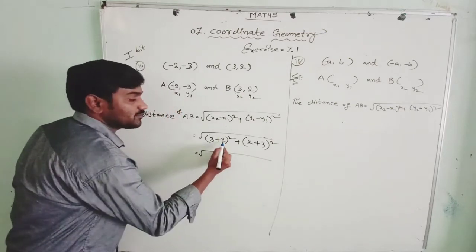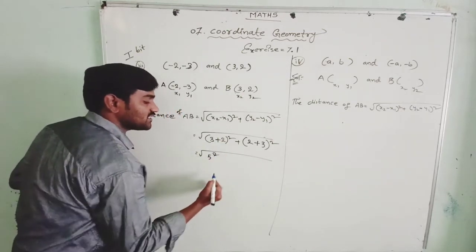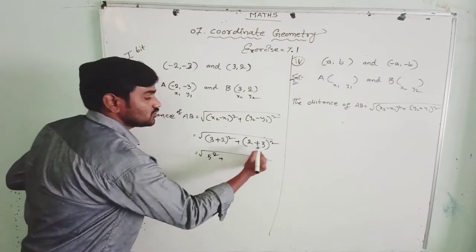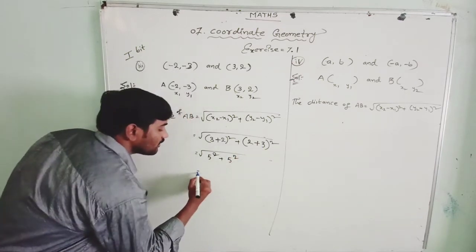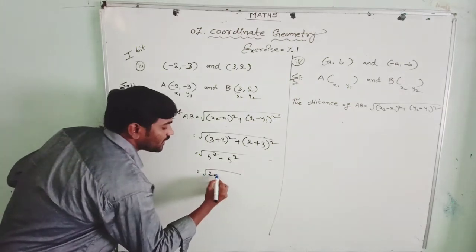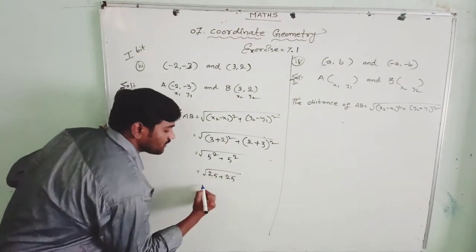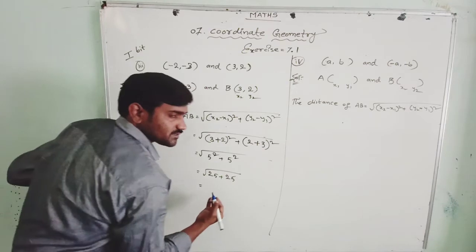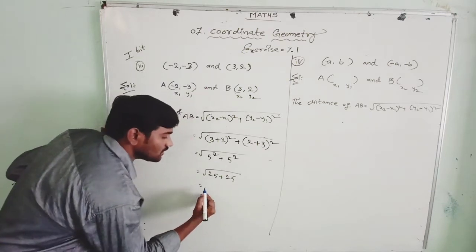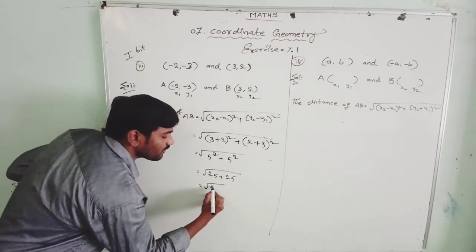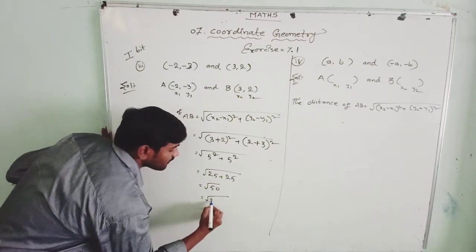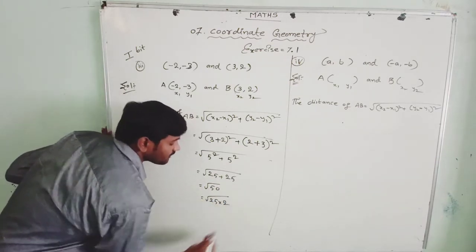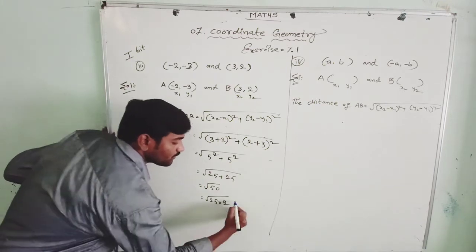So here 3 plus 2 is 5. That is 5 square, plus 2 plus 3 also 5. It is a 5 square. Where the 5 square value is 25. Here also the 5 square value is 25. 25 plus 25 will give us what, children? Under root of 50. This 50 can be written as root of 25 into 2.